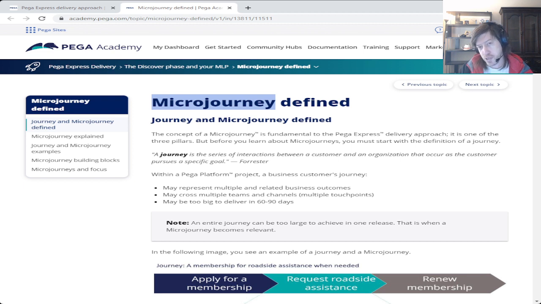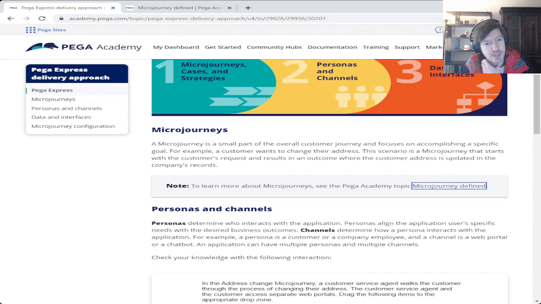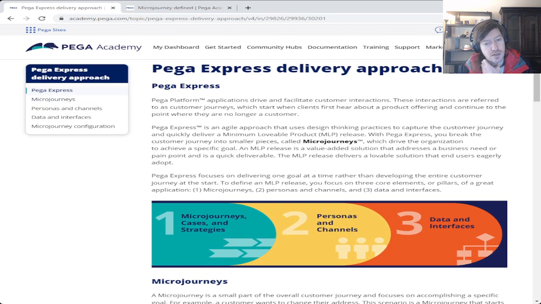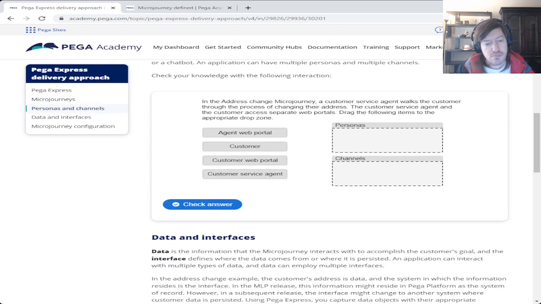So I'm hoping that this microjourney definition gives me a little more clarity as to the difference between the two, because based on the explanation so far, I wasn't seeing any differences between those.